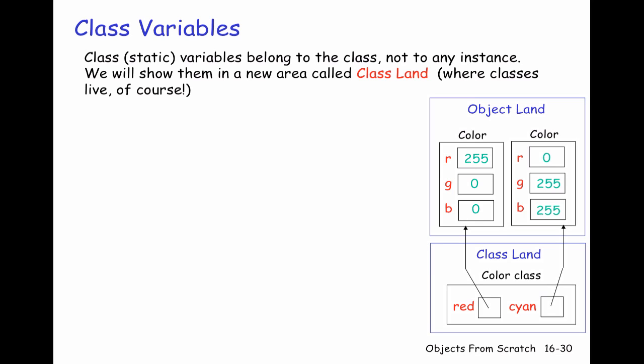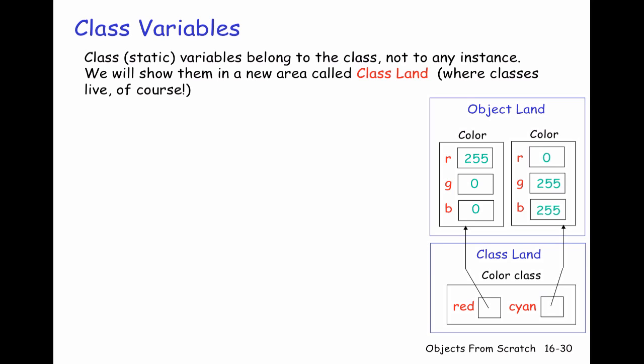Rather, they live in the color class. And so in this diagram that we see here on the left, we have class land showing the color class, which in this case has two class variables called red and cyan. And the contents of those variables are instances of the color class which live in object land, which is different than class land.